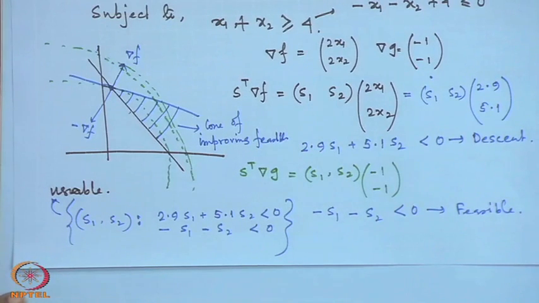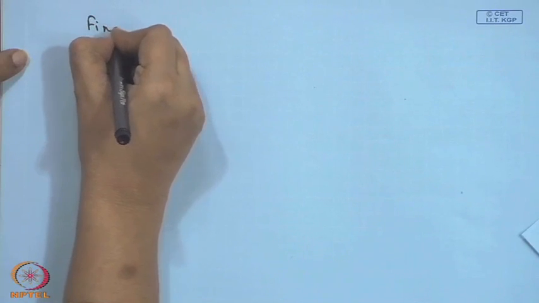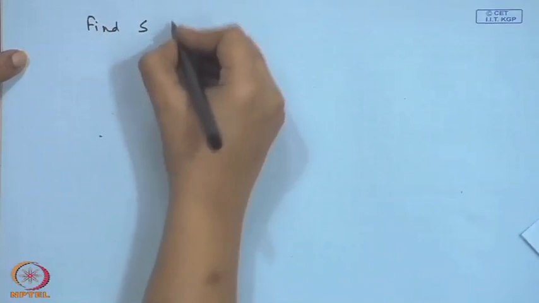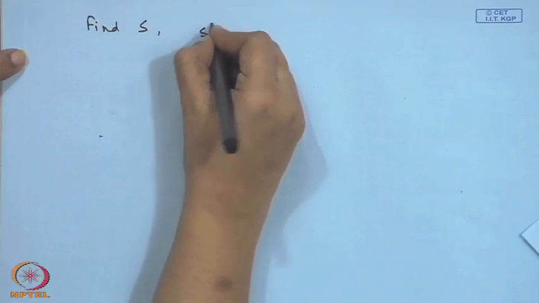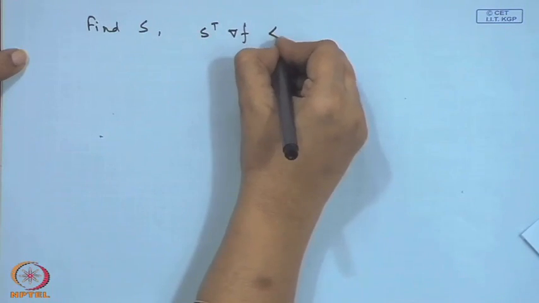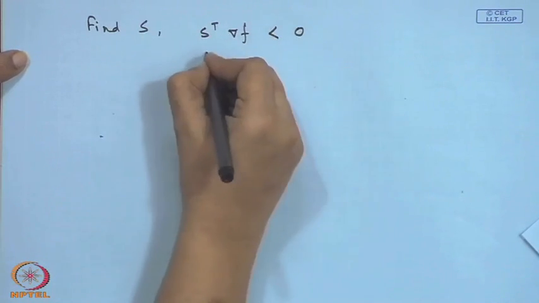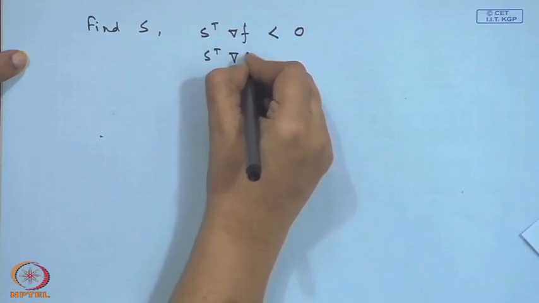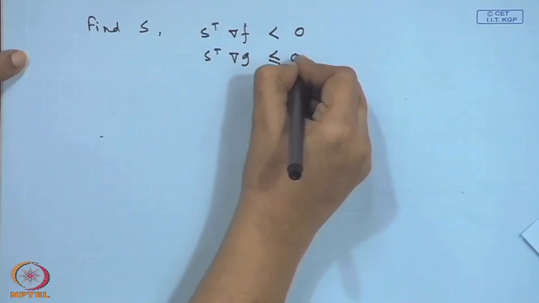Clear? Now, whatever I said numerically, we will translate into mathematical form: we will find S for getting the usable direction such that S transpose grad f is less than 0, S transpose grad g is less than or equal to 0.